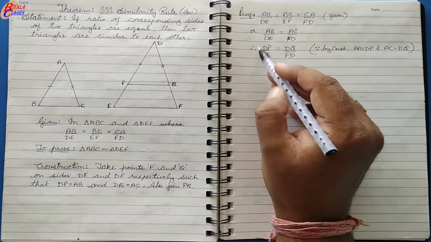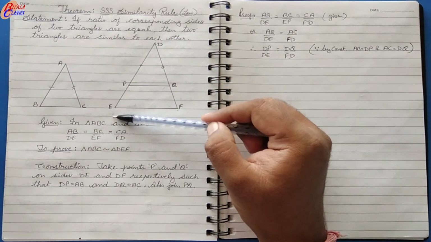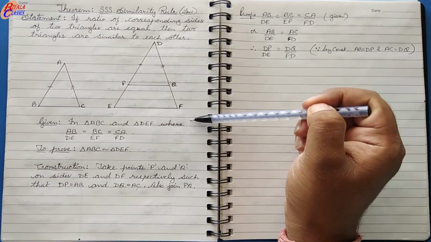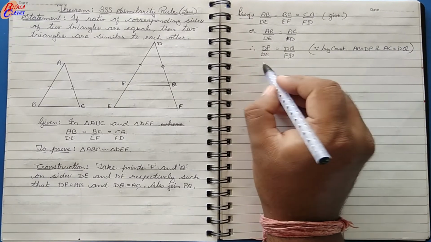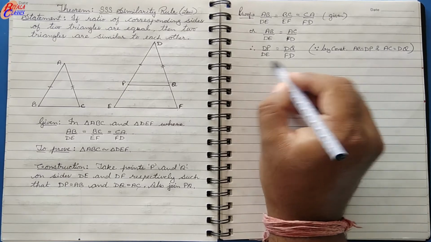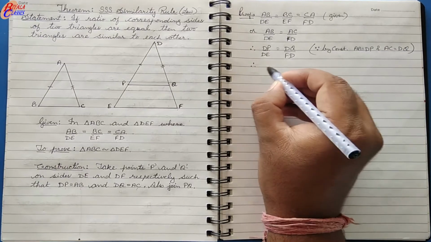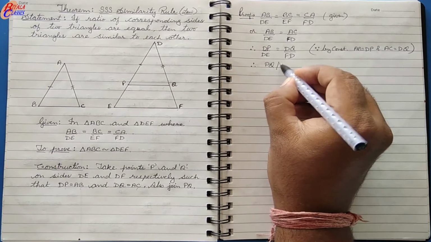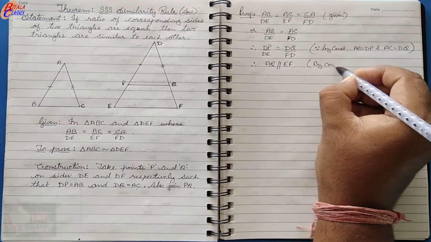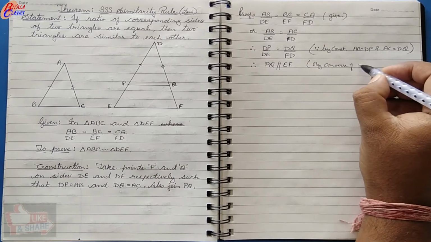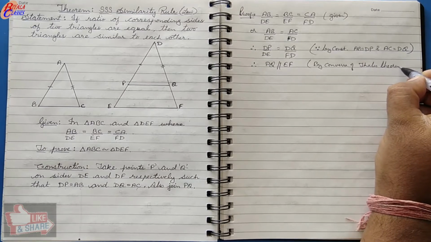Now if you check this triangle, we have the ratio DP upon DE equals DQ upon DF. This is again a result of Thales theorem, that is the basic proportionality theorem. So using this we get PQ is parallel to EF. This is by the converse of the Thales theorem, the basic proportionality theorem.